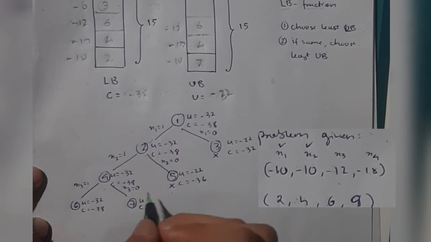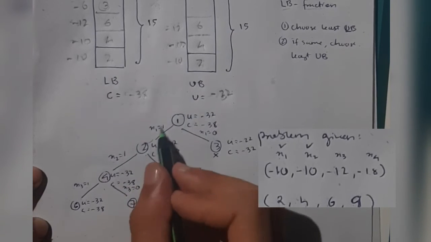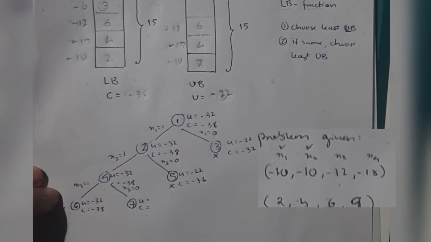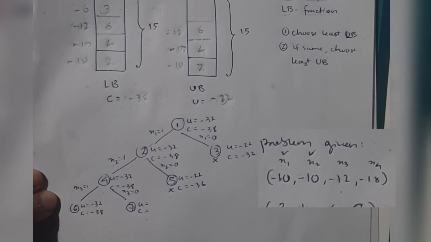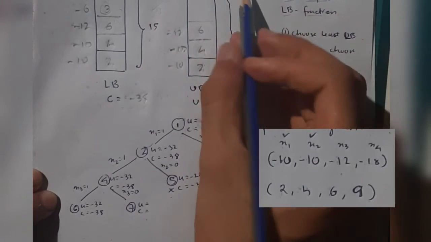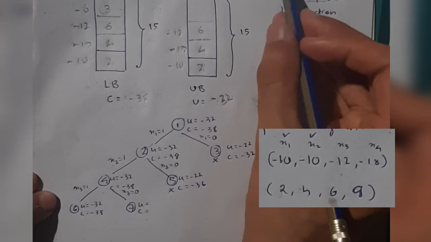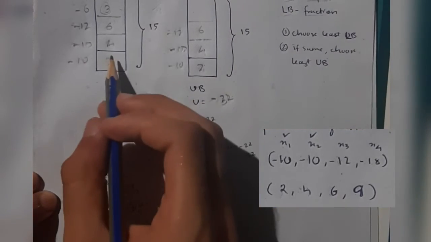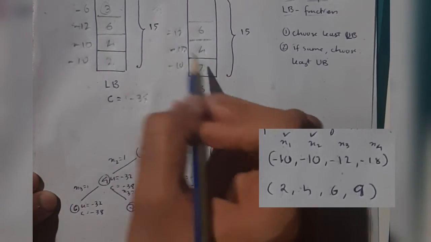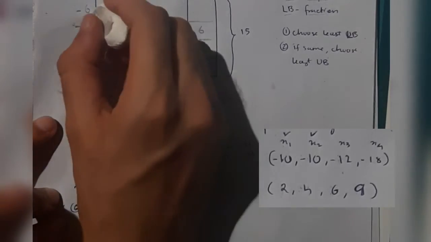Now for the seventh one, which is 110, x3 is 0 here. In this case we are excluding x3, so I have to go with the fourth object. The first two objects are selected and the third object we are excluding.